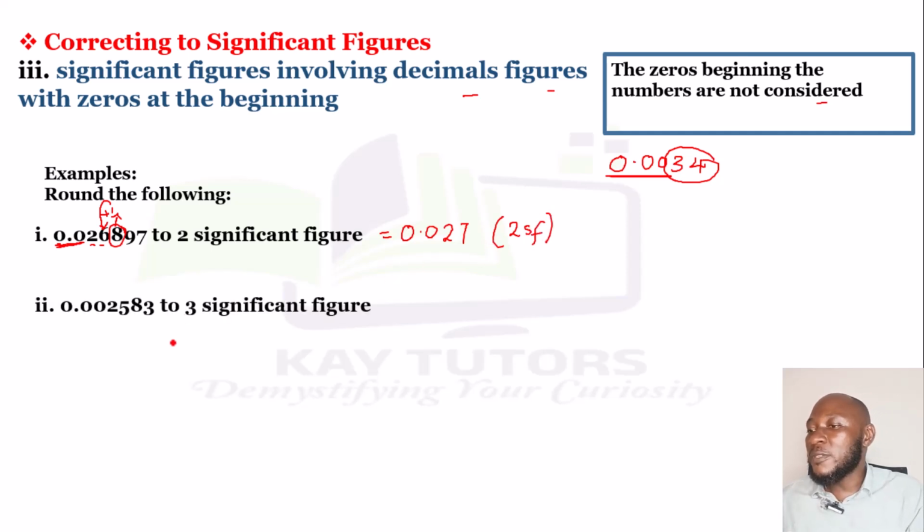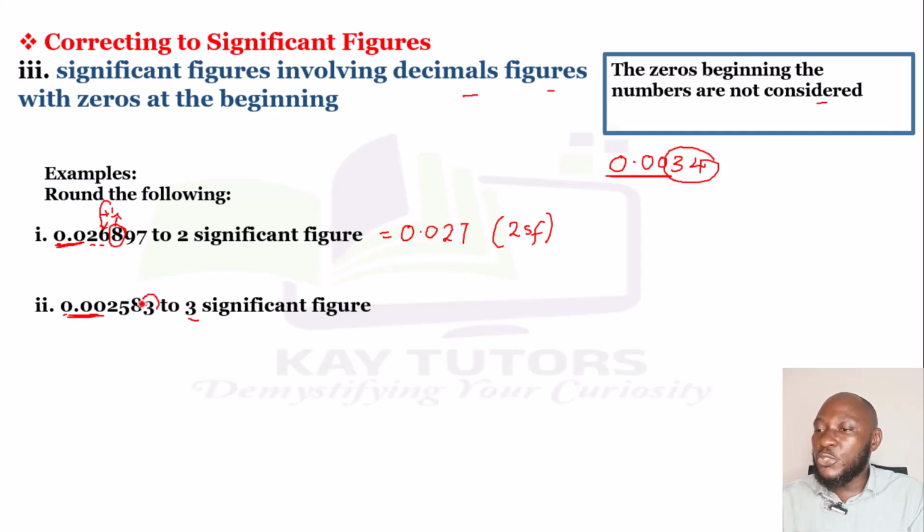Let's look at the next number. So we have 0.002538. We have been asked to round to the nearest 3 significant figures. Just like you are aware, zeros here are not considered. So you start counting your significant figures from this number. So we have 1, 2, and 3.